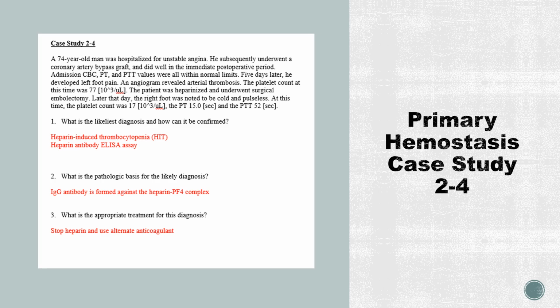An angiogram revealed arterial thrombosis. The platelet count at the time was 77, and the patient was heparinized and underwent a surgical embolectomy. Later that day, the right foot was noted to be cold and pulseless. Uh-oh. And at this time, the platelet count was 17. The PT was 15, and the PTT was 52.